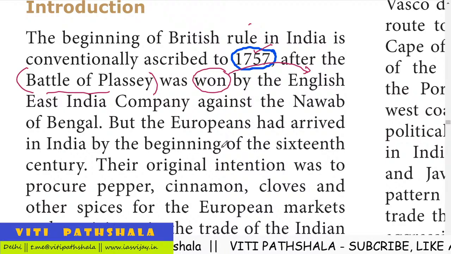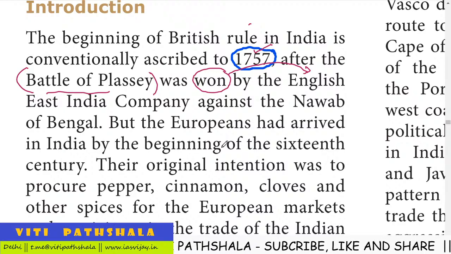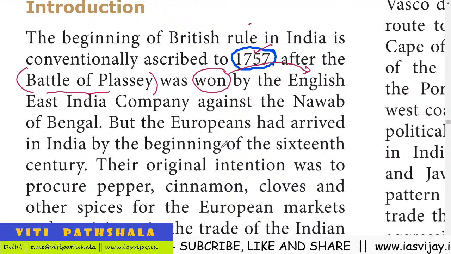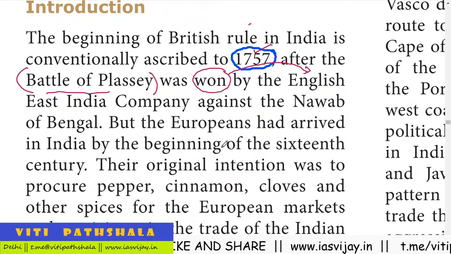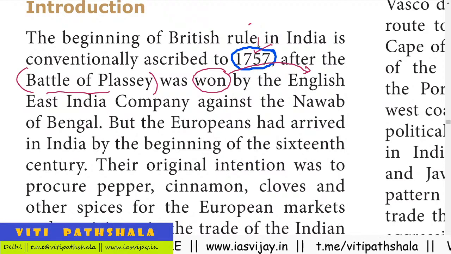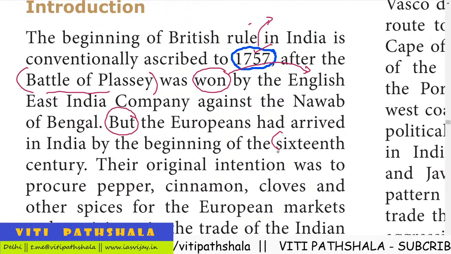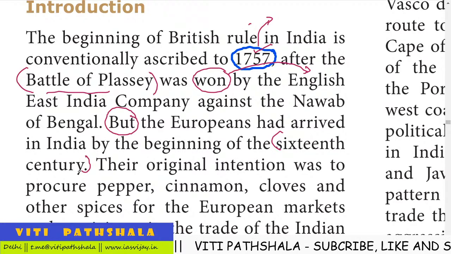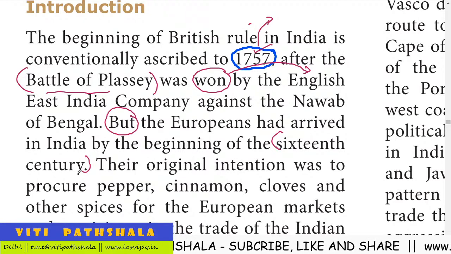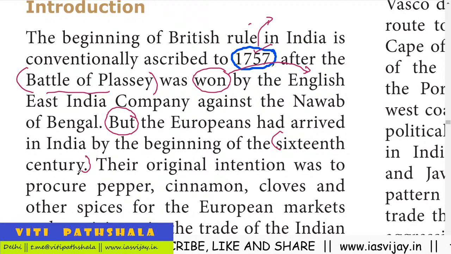But the Europeans had arrived in India by the beginning of the 16th century. So they became powerful in 1757, but they had arrived in India earlier, in the 16th century, and they were trading, and they knew the people of India from long back.